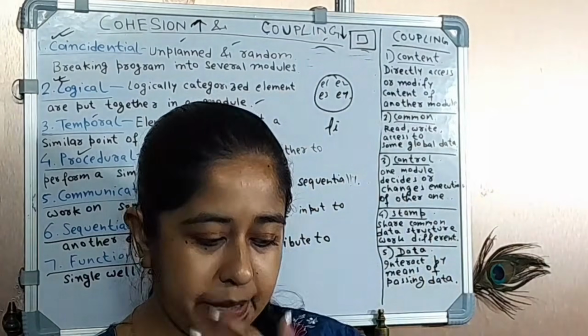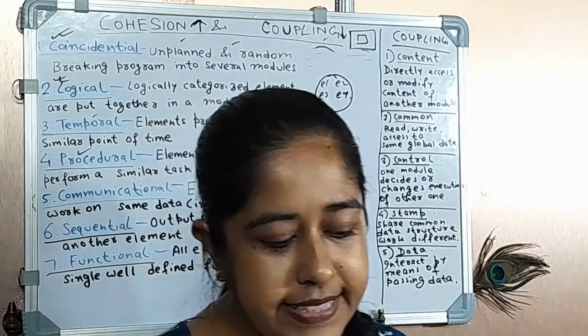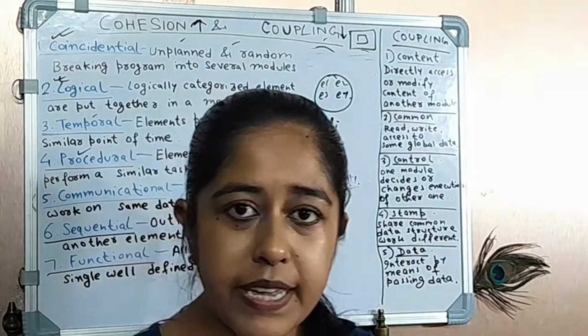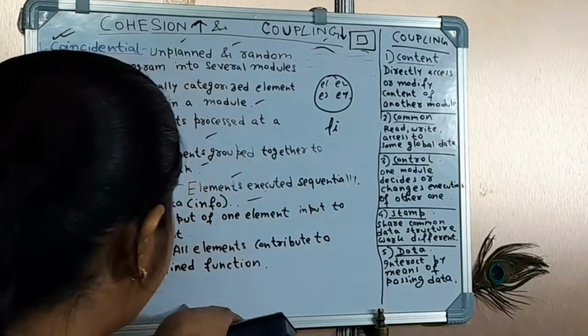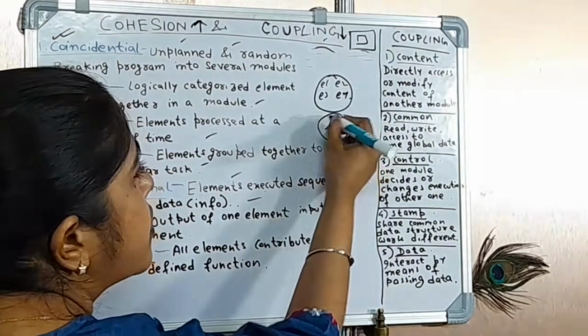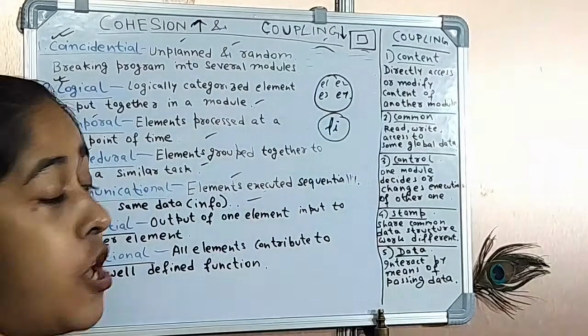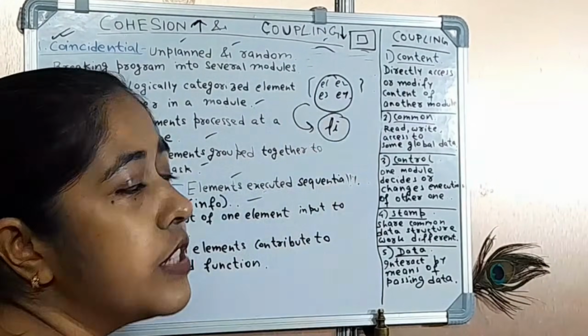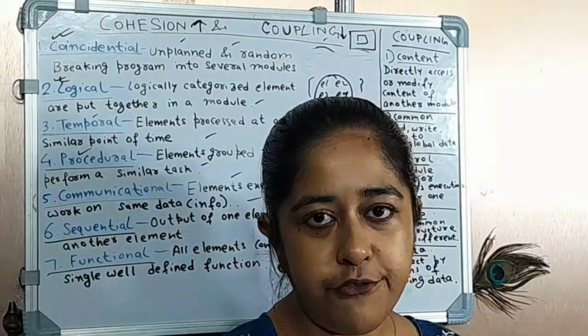This is highly accepted also. So these elements in a module, that is functional cohesion, should be grouped in such a way that they contribute to a single well-defined function. Suppose this is your single well-defined function. All of these elements should contribute to this particular function F1.